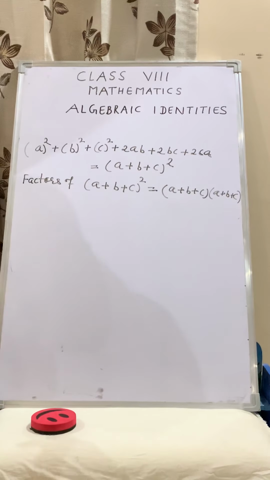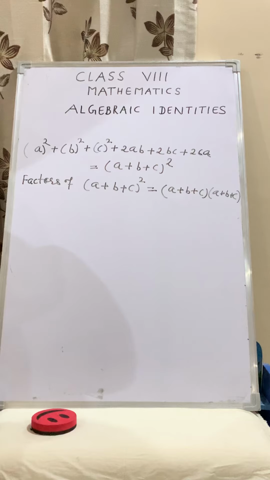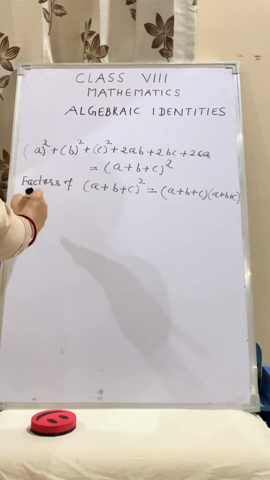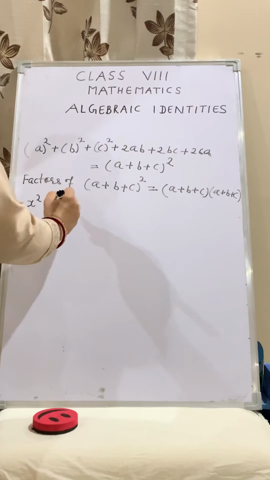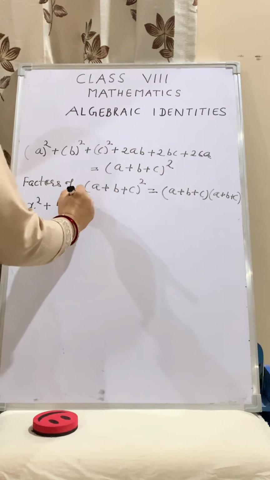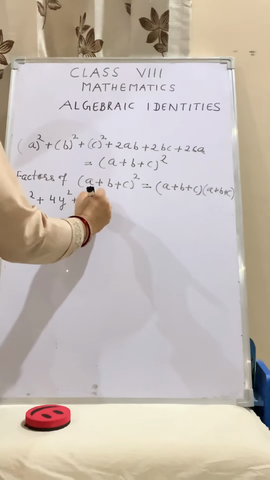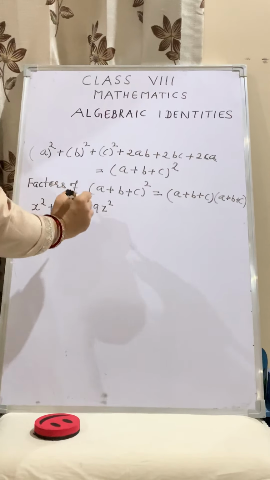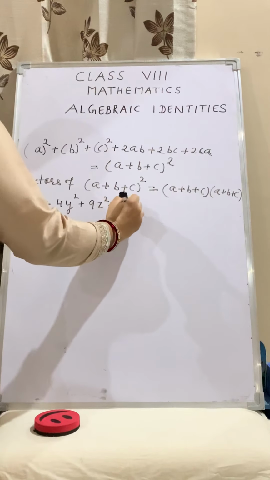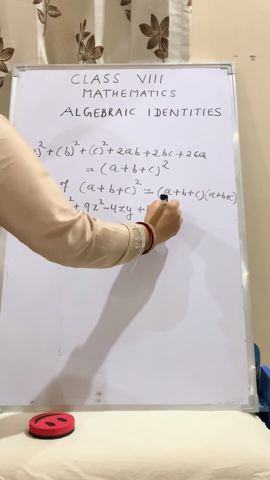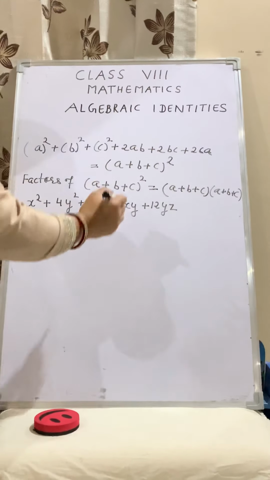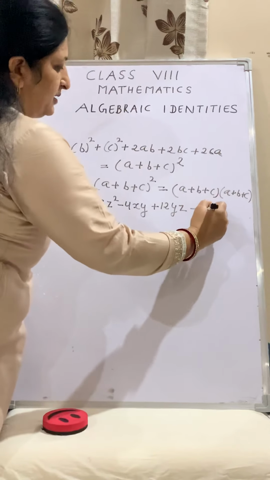Now the statement is this: x square plus 4y square plus 9z square minus 4xy plus 12yz minus 6zx.